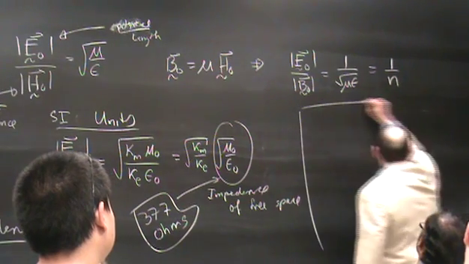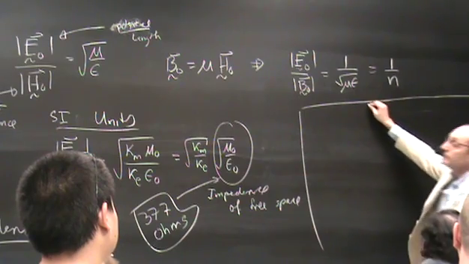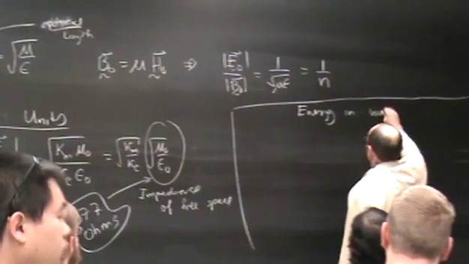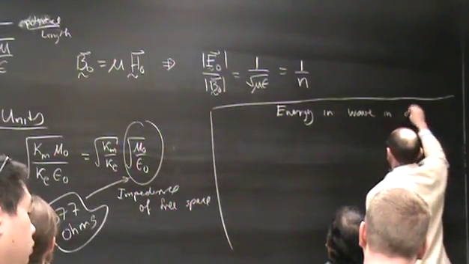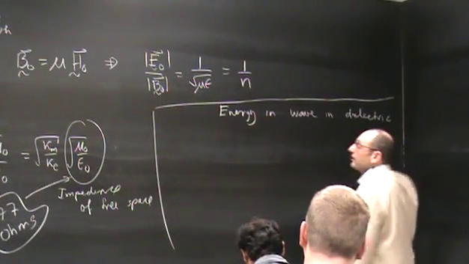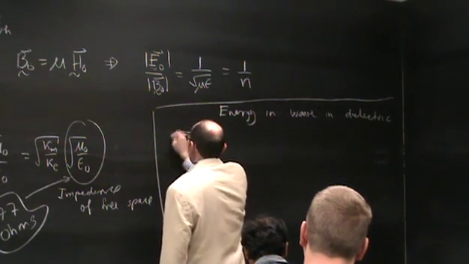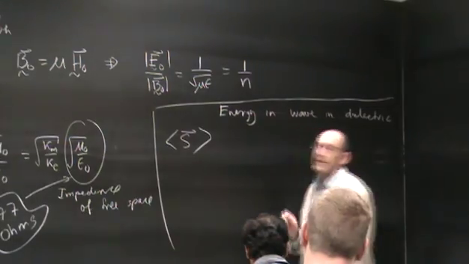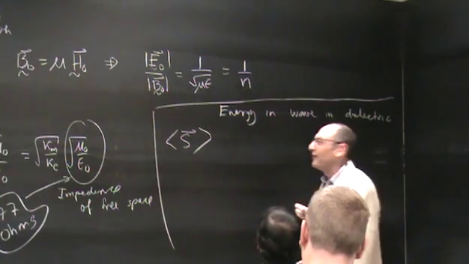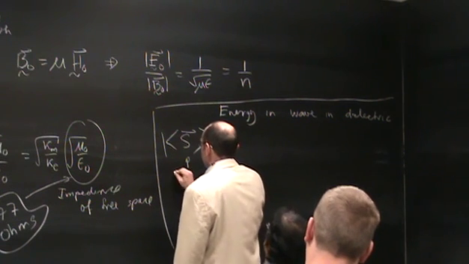Okay, so now what about the flux of energy? The Poynting vector, if we look at its time average over a period, this is the intensity, if I look at its magnitude.